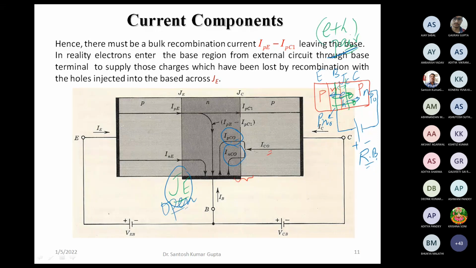When the emitter junction is open, what is the amount of hole current and electron current flowing through the reverse biased junction? Together this IPCO and INCO is nothing but the reverse saturation current. This is similar to the reverse saturation current across the diode.